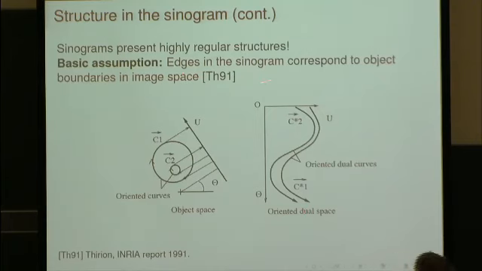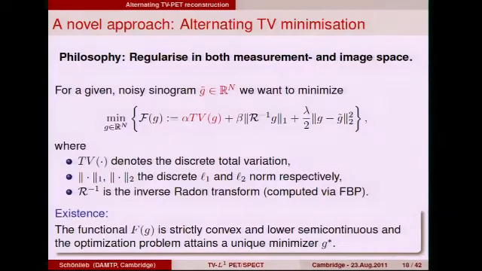Okay. So what do we want to do? We want to solve the PET reconstruction problem by minimizing this functional here. You compute from your noisy sinogram a denoised sinogram by minimizing a balanced version of two regularization procedures.